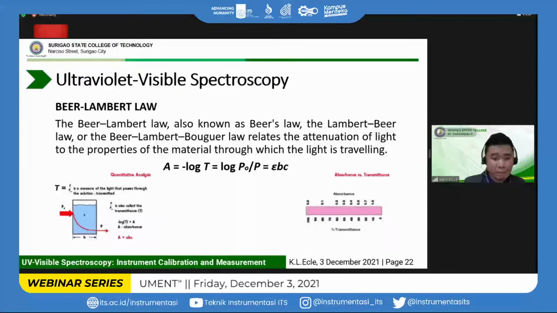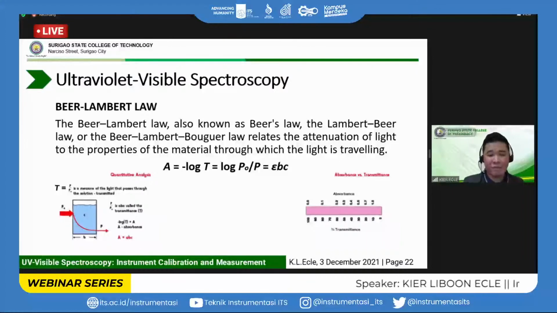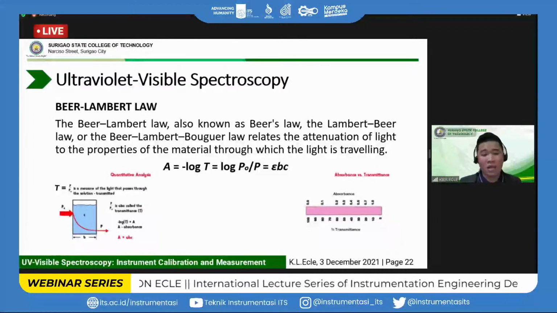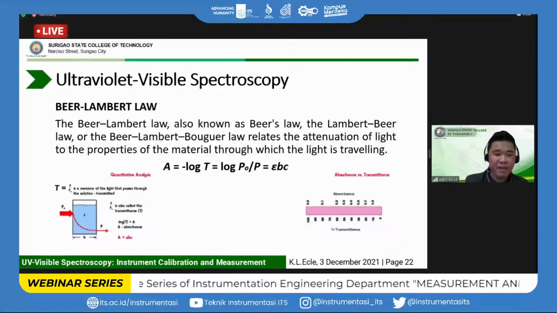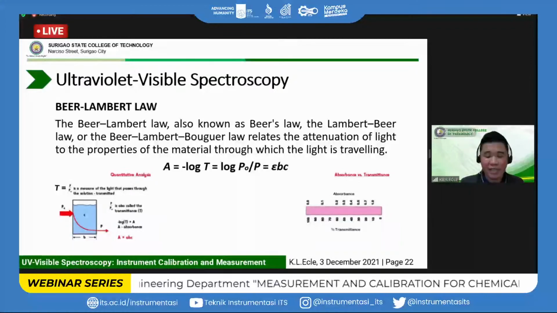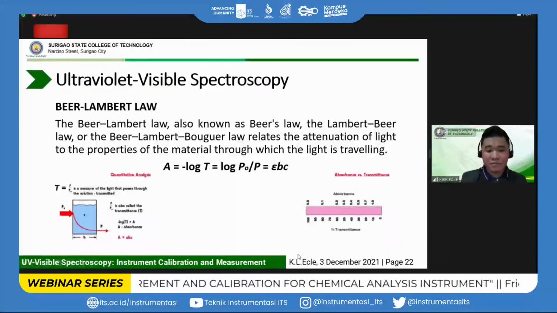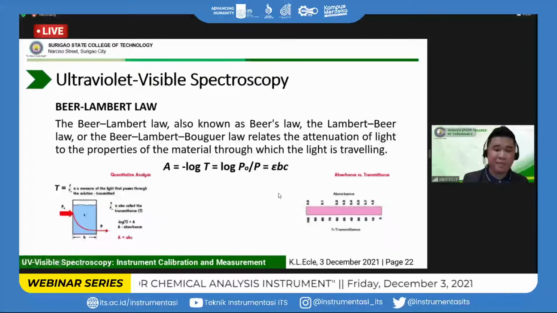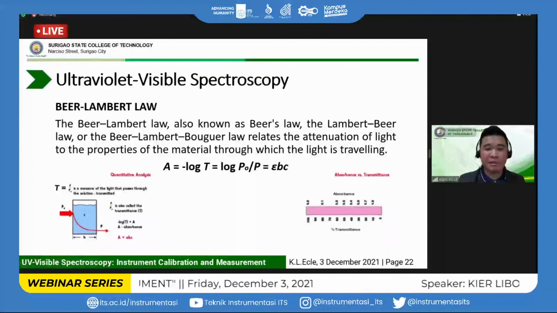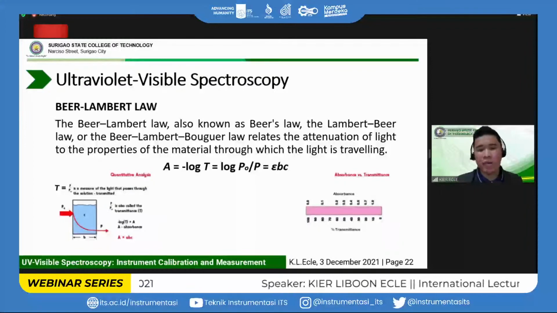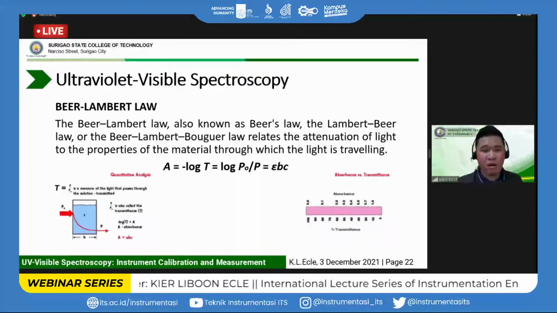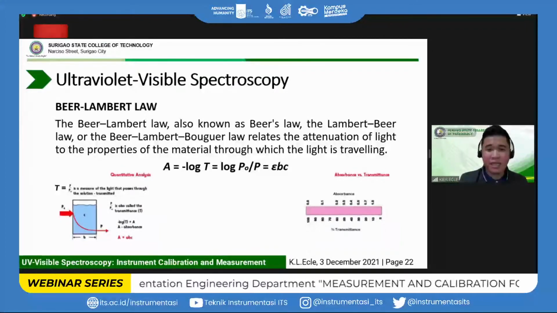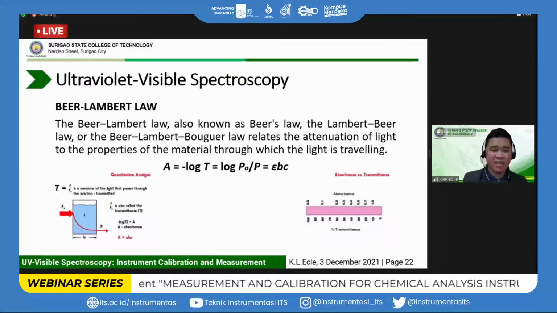That's why P sub 0 is greater than your P, or P sub T. I sub O or P sub O are just the same, and I sub T, or just I, or P. Okay, so this is the principle behind the application, or why we need to apply Beer-Lambert law in the study of UV-Vis spectroscopy, or in UV-Vis instrumentation.